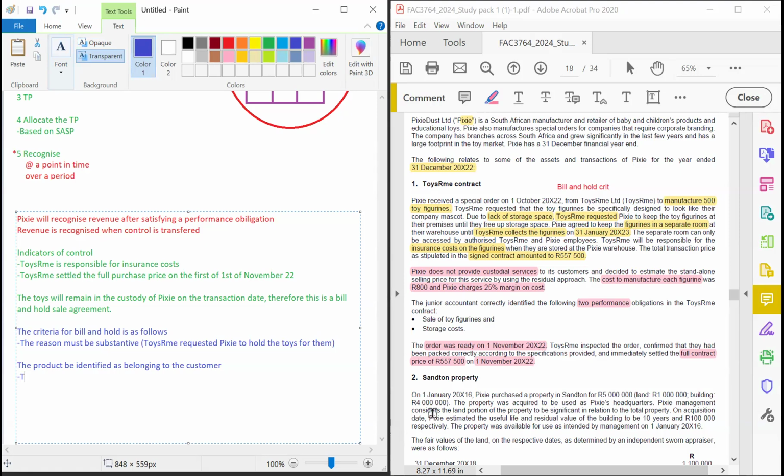So that's what you could write. So now I'm applying, right? Let me just do it in brackets to have consistency. So now, Toys R Us confirmed that they had been packed correctly according to their specifications.